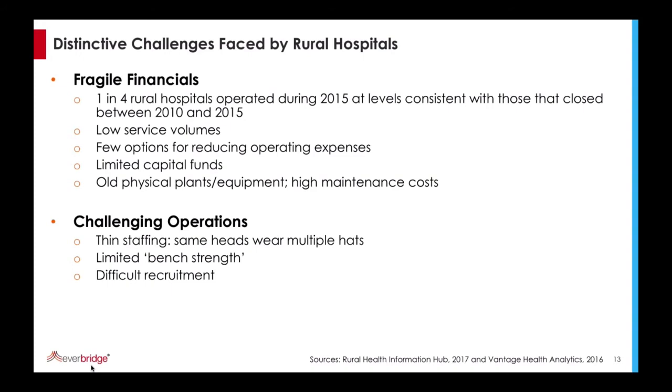There are few options for changing that, at least changing the expense pattern. There are limited capital funds, all of which comes together to give you small volumes in a typically older physical plant where costs of maintaining equipment and infrastructure are relatively high in a margin-strained environment.